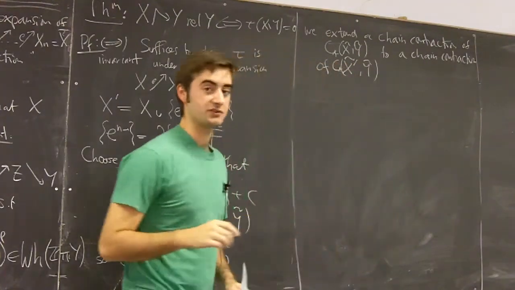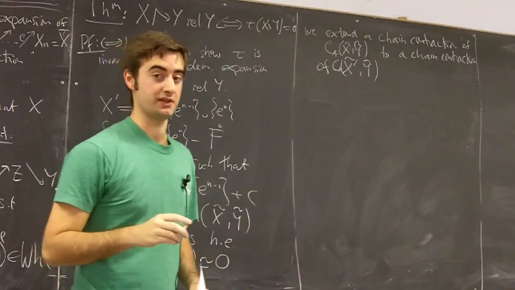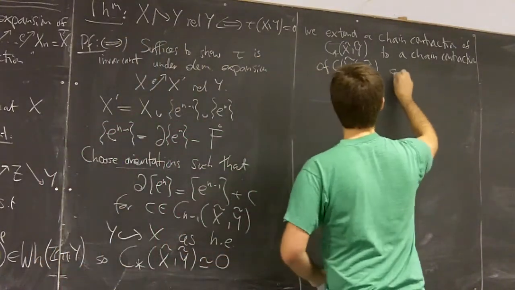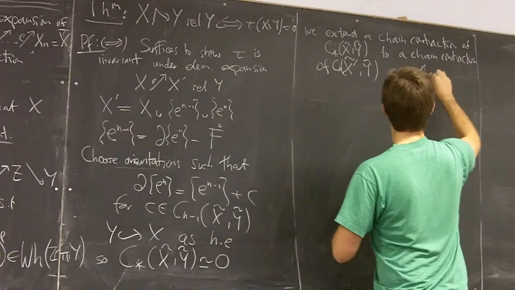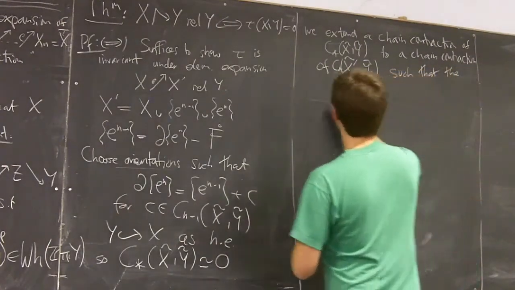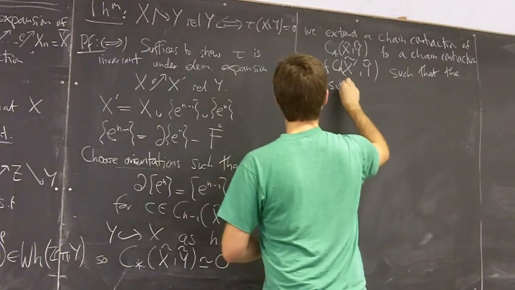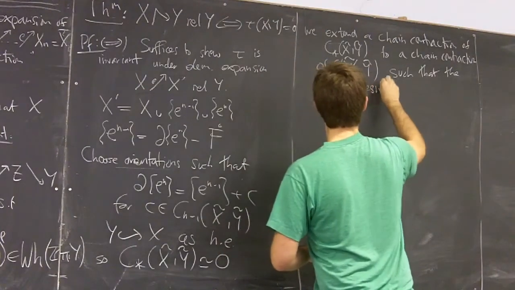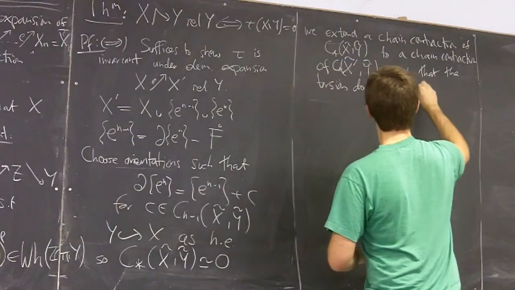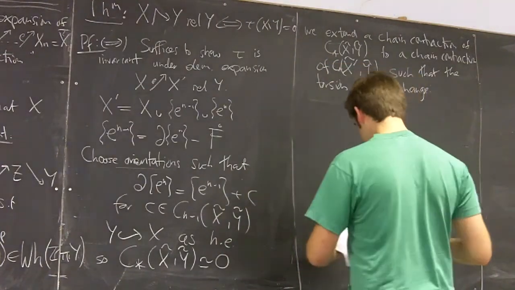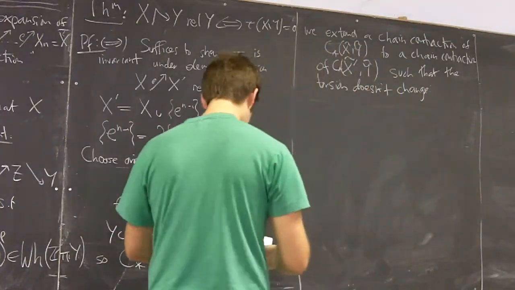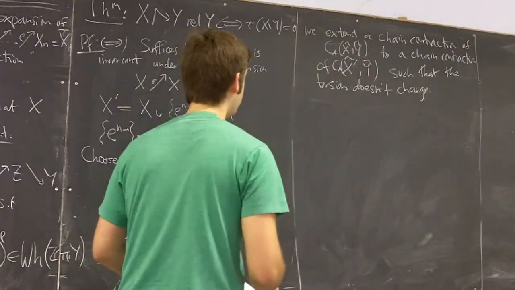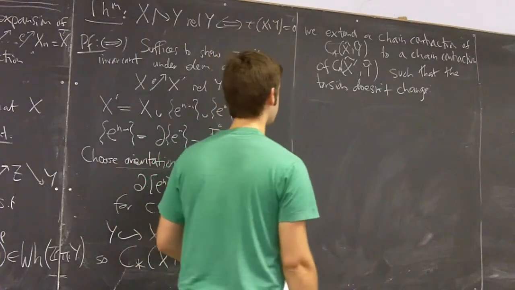And we do this in such a way that the torsion obtained is the same. So now suppose we have a chain contraction.